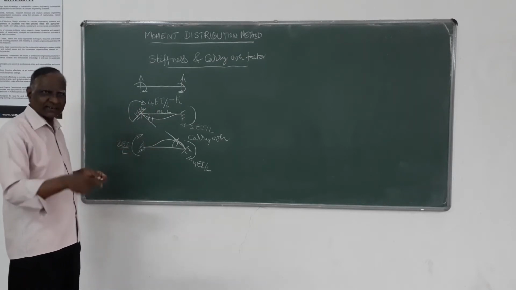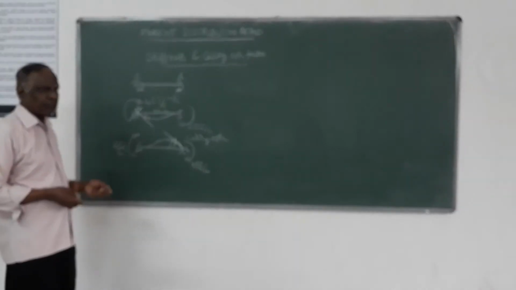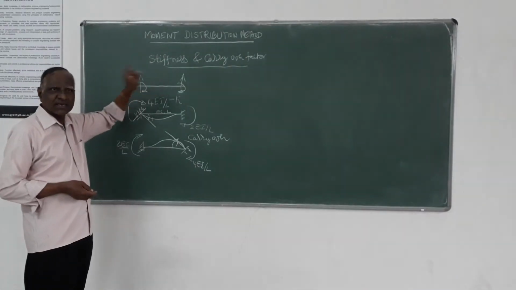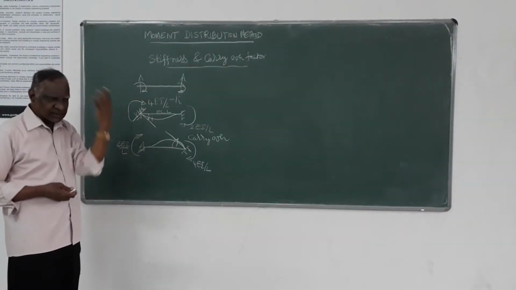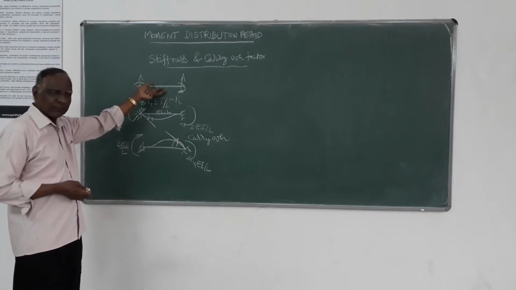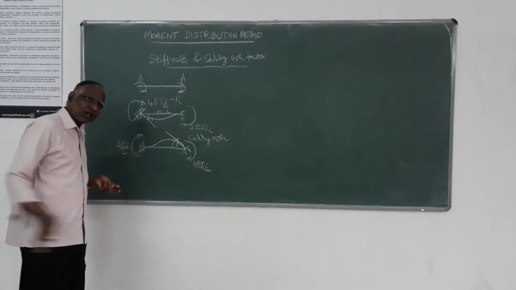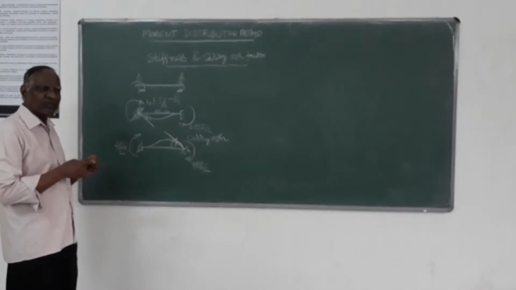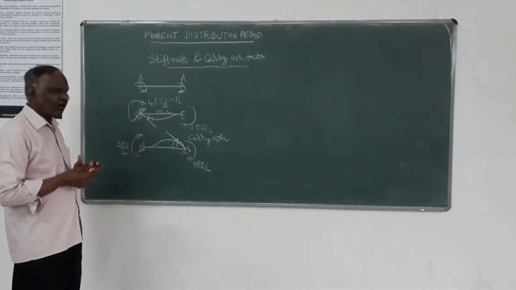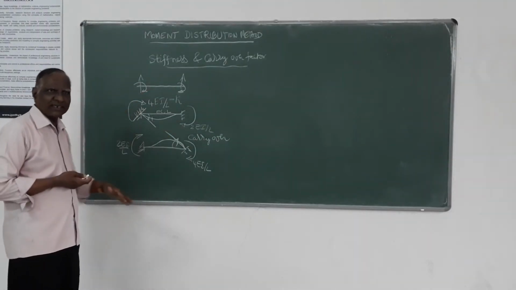That is exactly the derivation of the slope deflection equation from the stiffness, because the slope deflection equation and the moment distribution method are both displacement-type methods of analyzing structures.